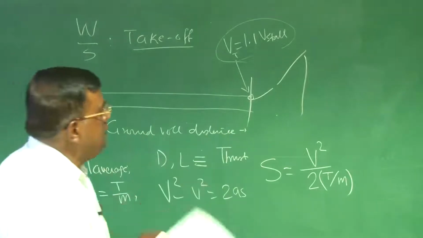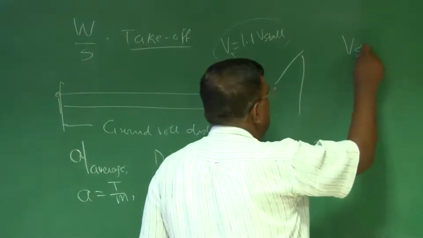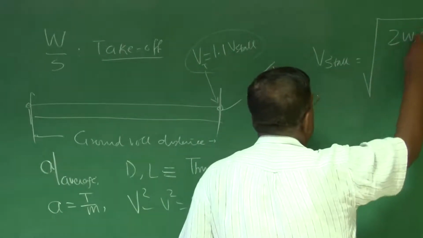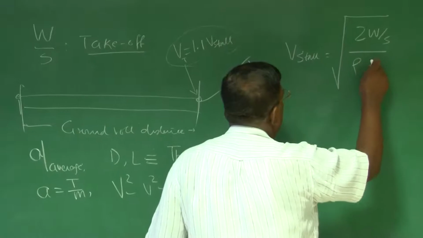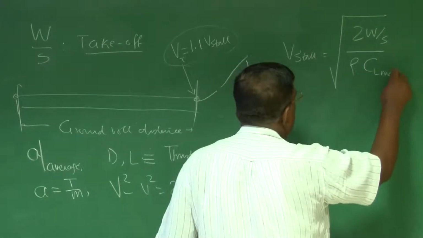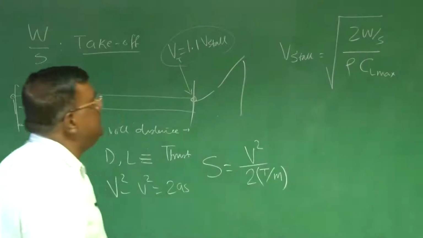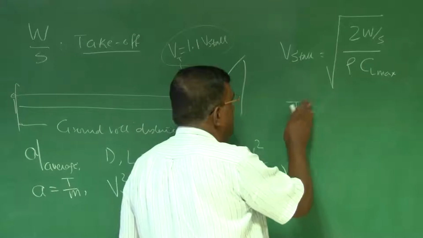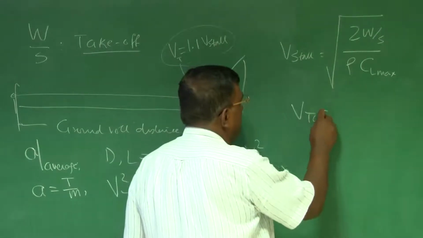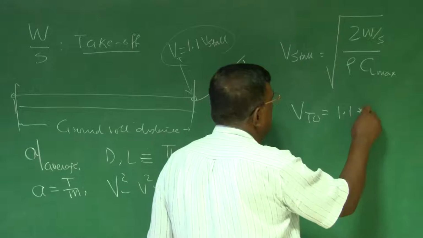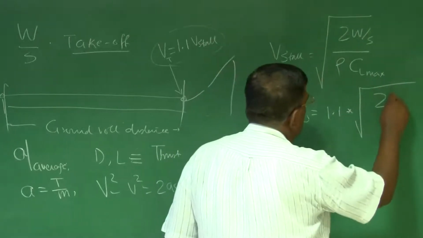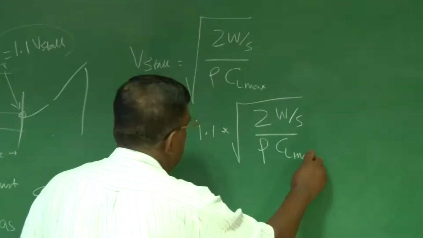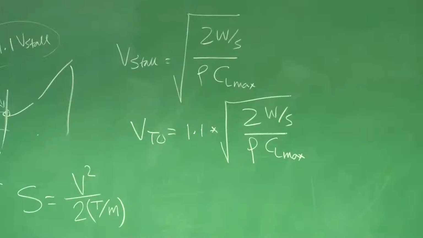Now if I use this, and we find that V stall is root of 2W by S by rho CL max, then I can easily see from here V takeoff will be 1.1 times root of 2 W by S by rho CL max.